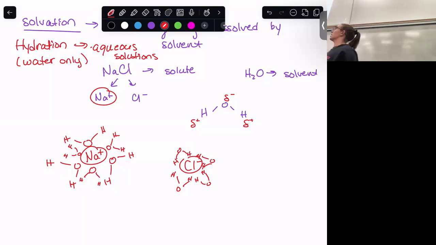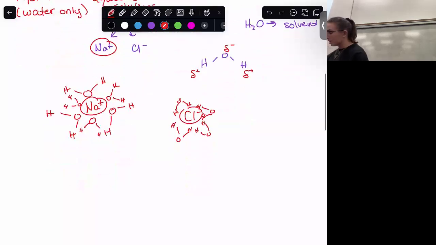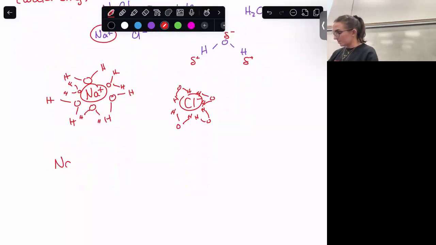So what does this entail? What does it take in order to create this solvation or this dissolving effect? When we take sodium chloride and break it up into Na+ and Cl-, are we breaking or forming a bond? We're breaking a bond. Does that require energy, or does that release energy? That requires energy.